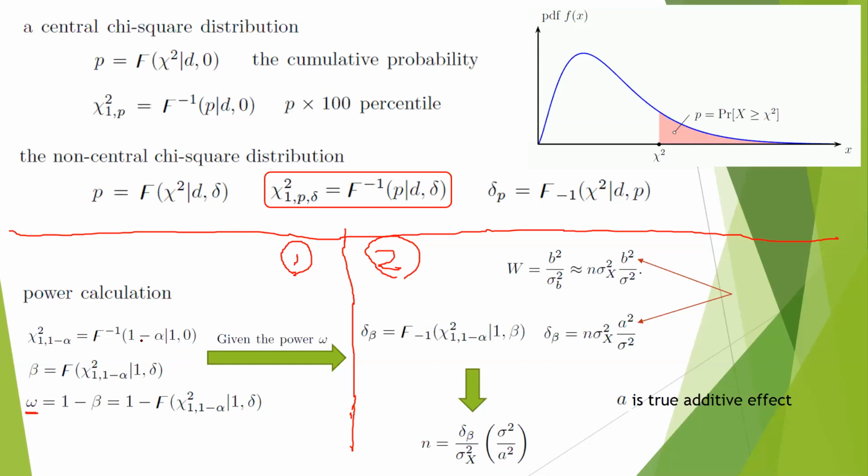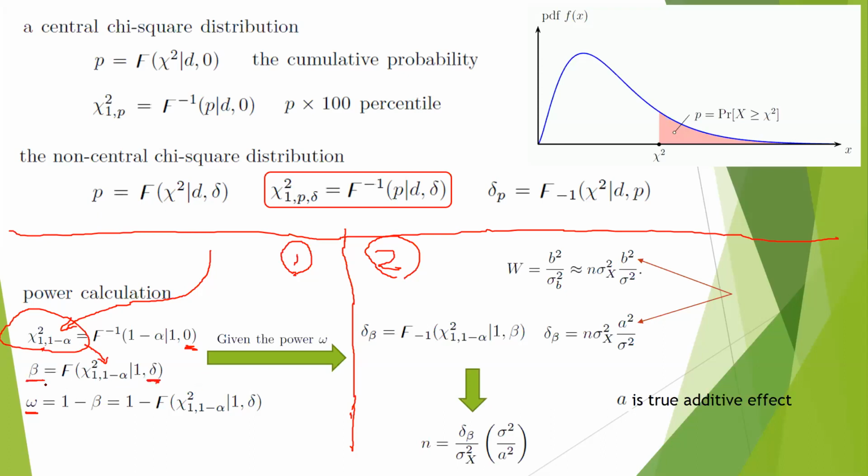In this case, if you know the sample size n, based on it you can easily calculate the cutoff, the critical value, based on the null hypothesis. This value is also used for the rejection of the null hypothesis. So this value will be used to calculate the type 2 error based on the alternative hypothesis, right?